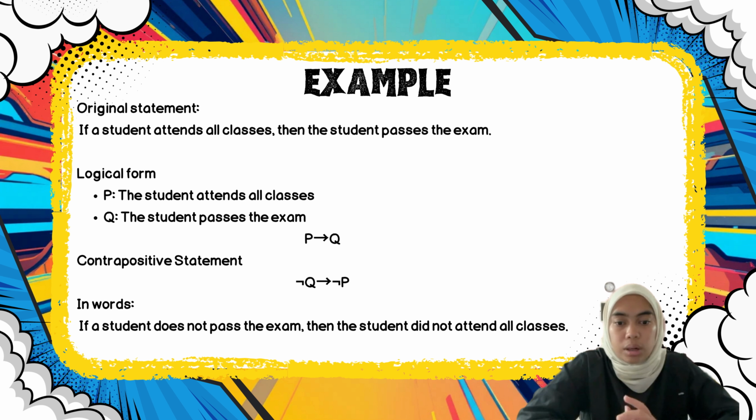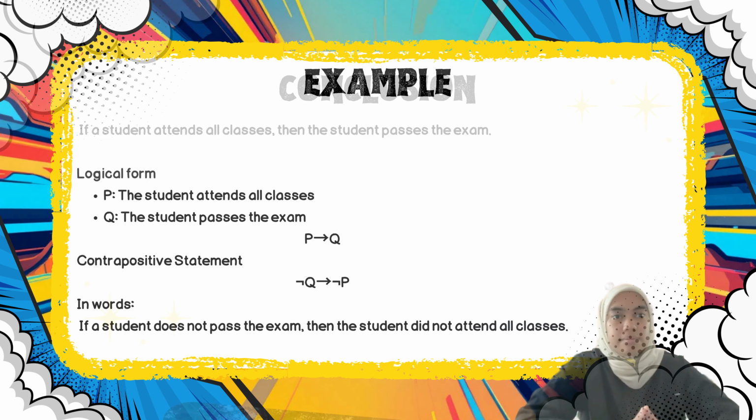To make the contrapositive statement, we need to negate and reverse the statements. After we negate, it will be: if the student did not attend all classes, then the student does not pass the exam. After we negate, we need to reverse the statement. So the contrapositive statement will be: if a student does not pass the exam, then the student did not attend all classes.